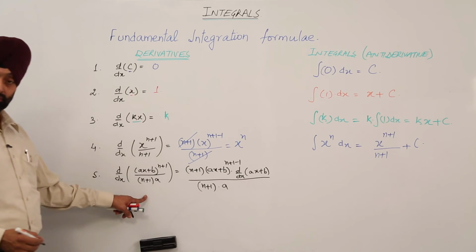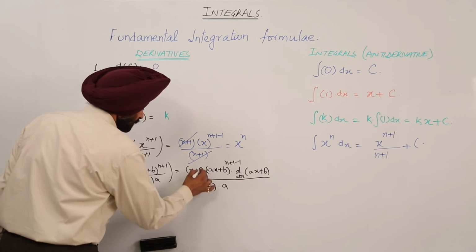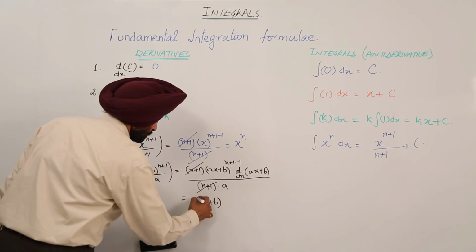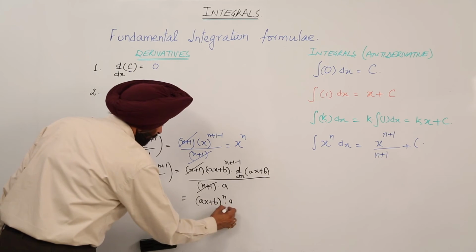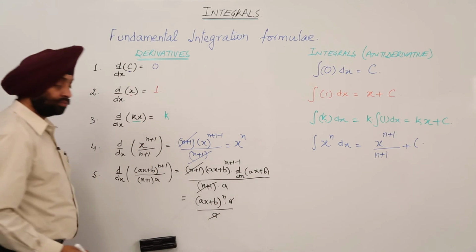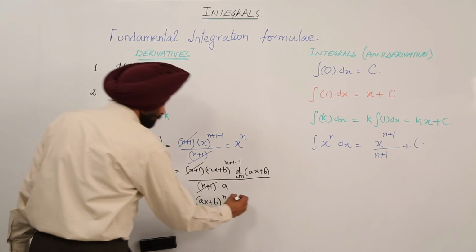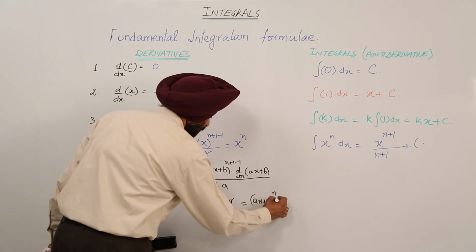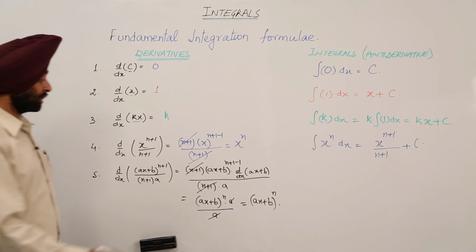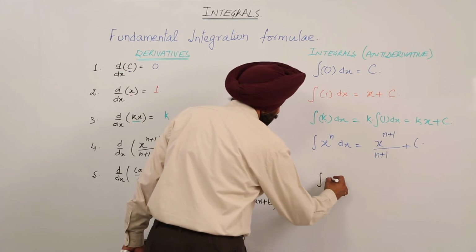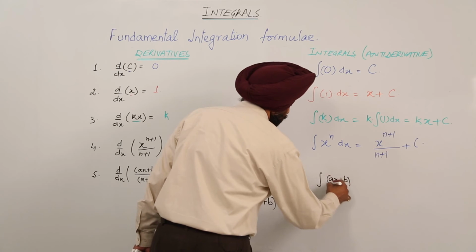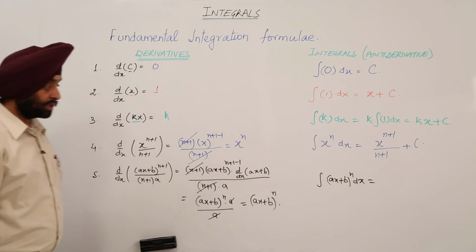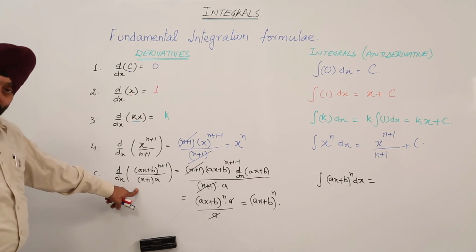The n plus 1 terms cancel, and we are left with ax plus b raised to power n into a upon a, and a and a also cancel. The result is ax plus b raised to power n. So this is the answer for the integration of ax plus b raised to power n dx.